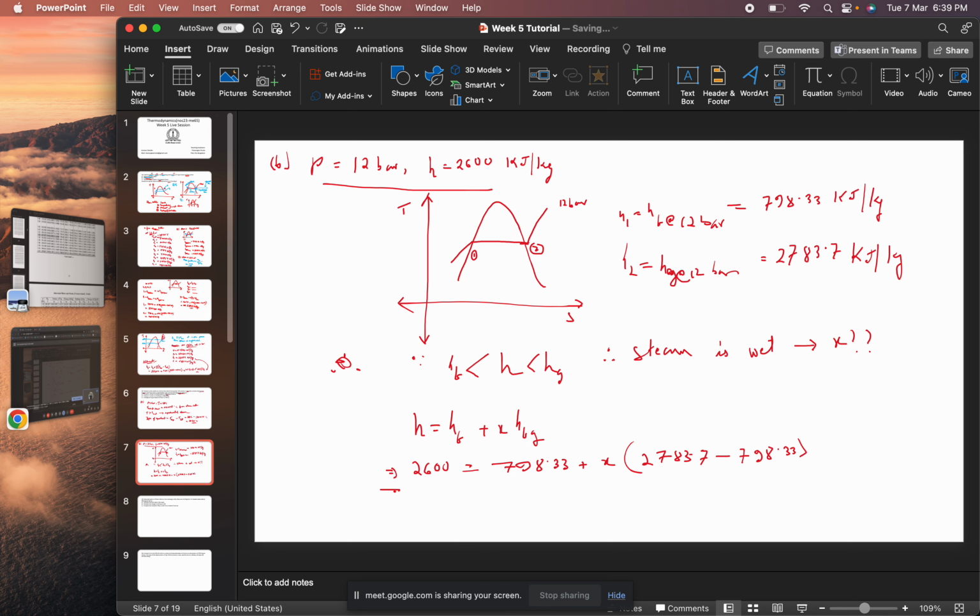Solving this, we get the value of X: 2600 minus 798.33, divided by 2783.7 minus 798.33. So your X is 0.907. This is your dryness fraction.